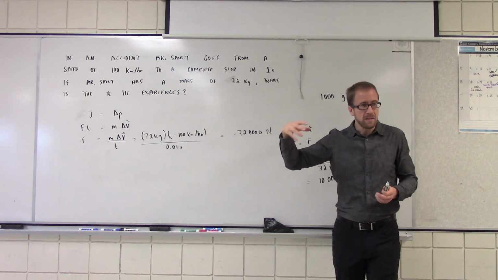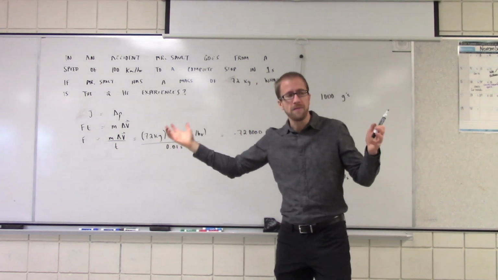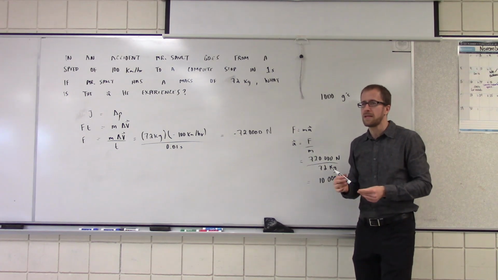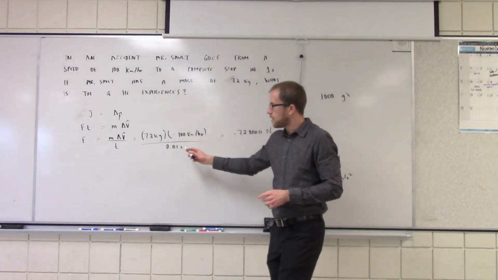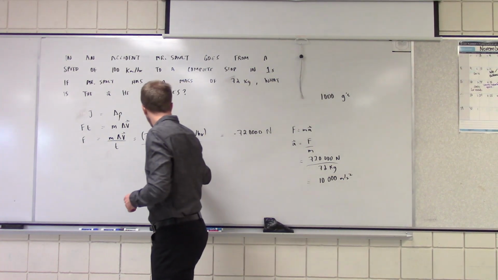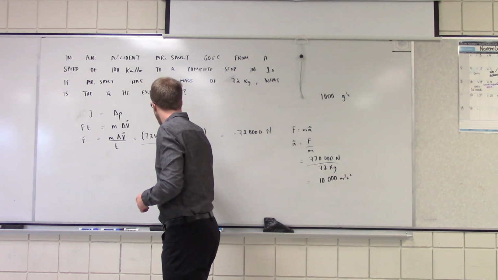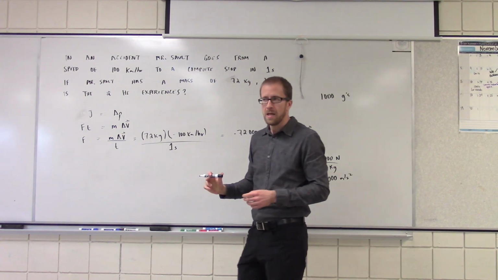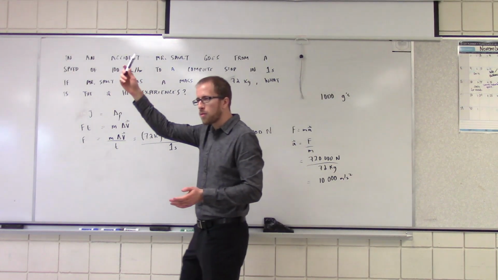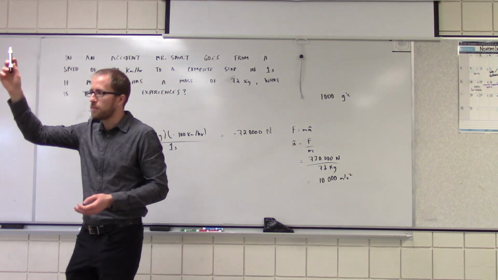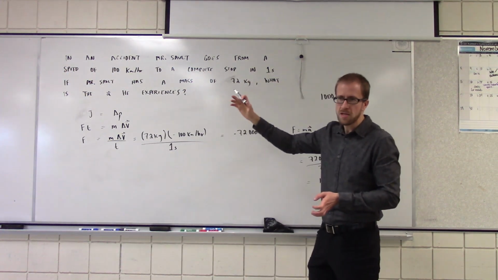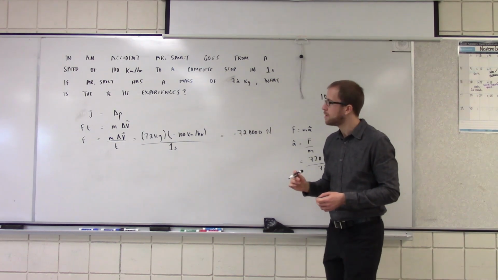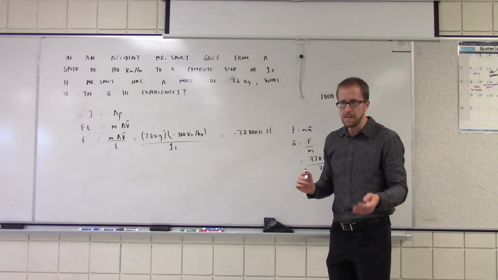But my airbags and the crumple zone on my car have increased radically the amount of time it takes to come to a stop. So what's going to happen then to the force my body experiences? If I increase the amount of time over which that change in momentum occurs, what's going to happen to the force? It's going to go down.